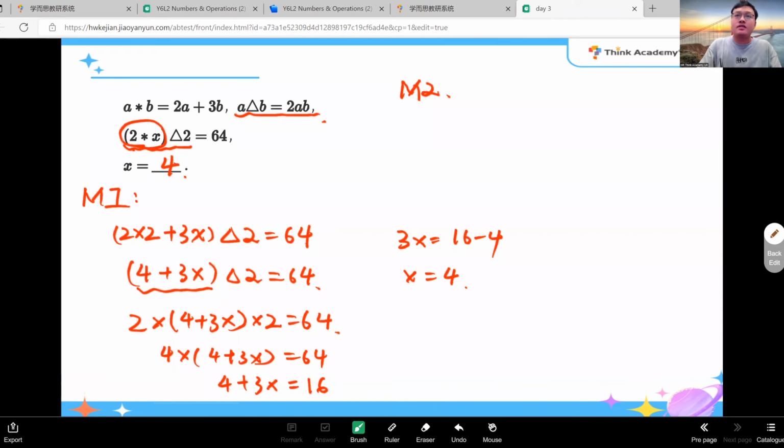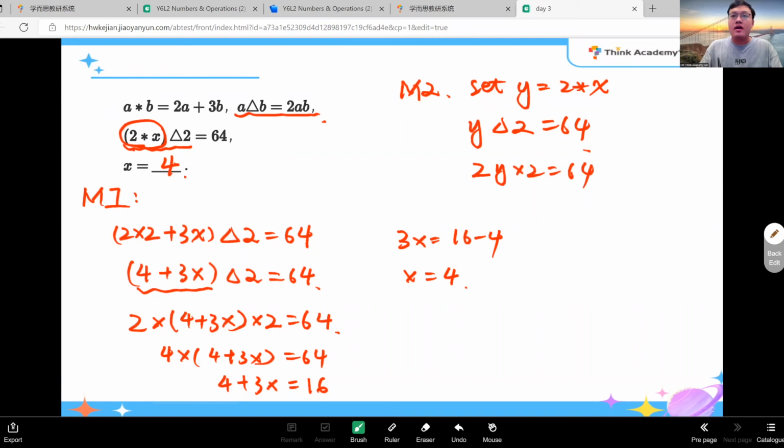So we're going to use, say, set y equals to 2 star x. And then that's going to be y triangle 2 equals to 64. So let's solve this one first. That should be 2y times by 2, you got 64. And then y equals to 16.